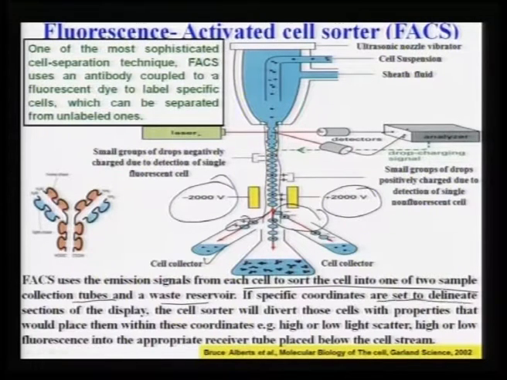If specific coordinates are set to delineate sections of the display, specific coordinates means you tell the system that the test tube placed at plus 45-degree angle will be vital cells, and the one at minus 45-degree will be necrotic cells, and similarly all other types of cells you can mention. Then the system will guide in such a way that vital cells go to the plus 45-degree test tube, necrotic cells go to the minus 45-degree test tube and so on.